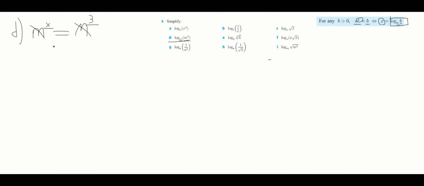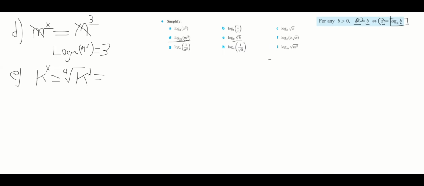So we can just do log base M of M cubed equals 3. Awesome. Let's go to E. So K is our A value, and fourth root K is our B value. So we'll write it as K to the power of X equals fourth root K. Awesome.